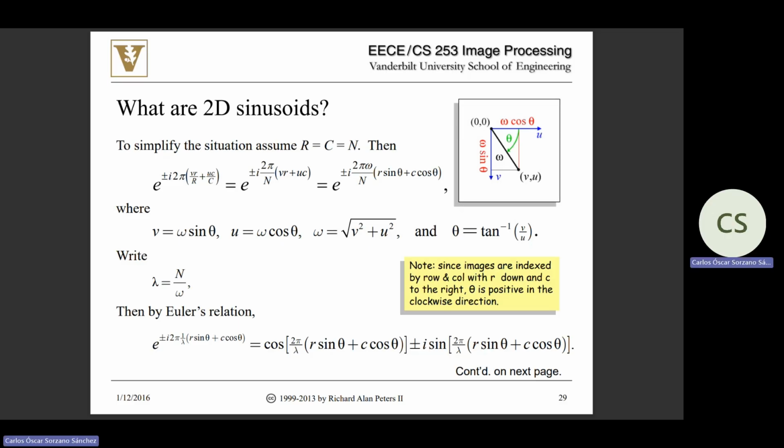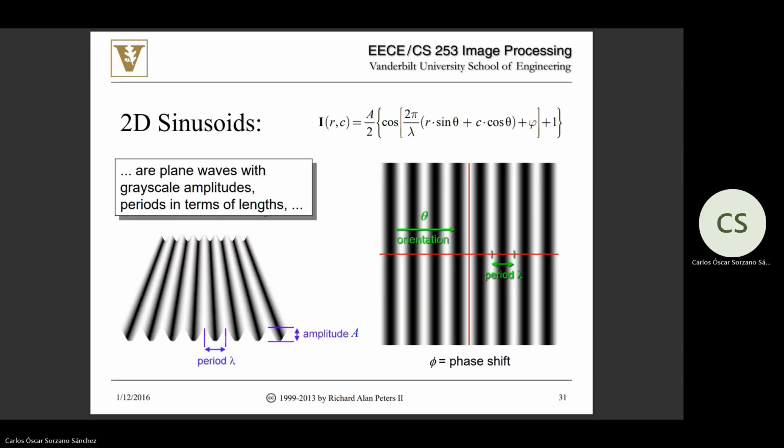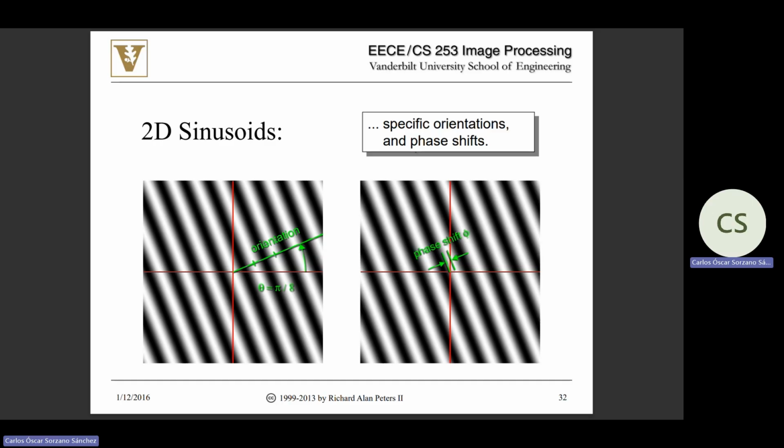Do you remember? And let's put the phase now. So we have a frequency vector, and the orientation of the vector tells you the direction in which the wave is propagating.